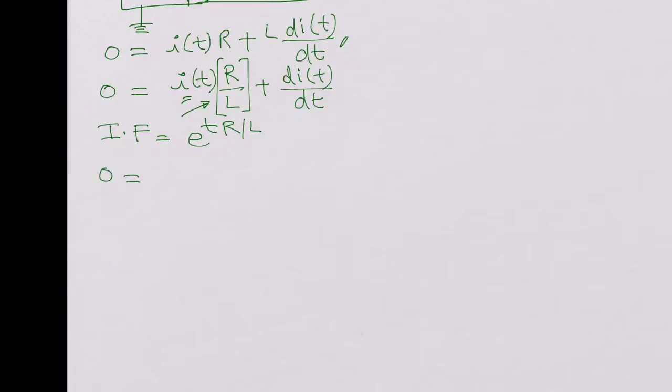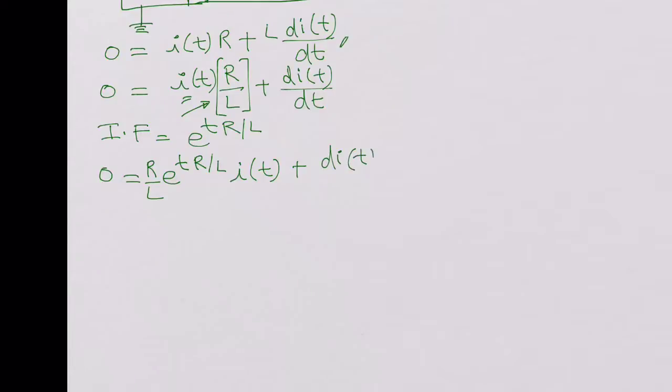So we get 0 is e power t R over L, and basically let me put the R over L before, that was already existing, I of t plus di of t over dt e power t R over L.